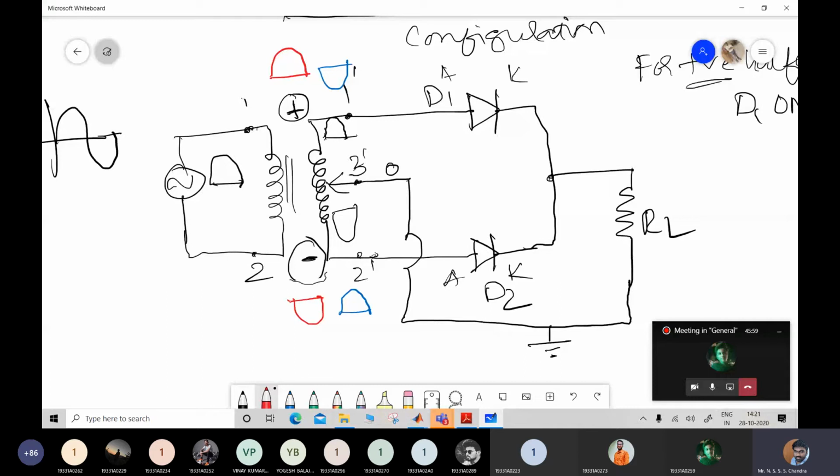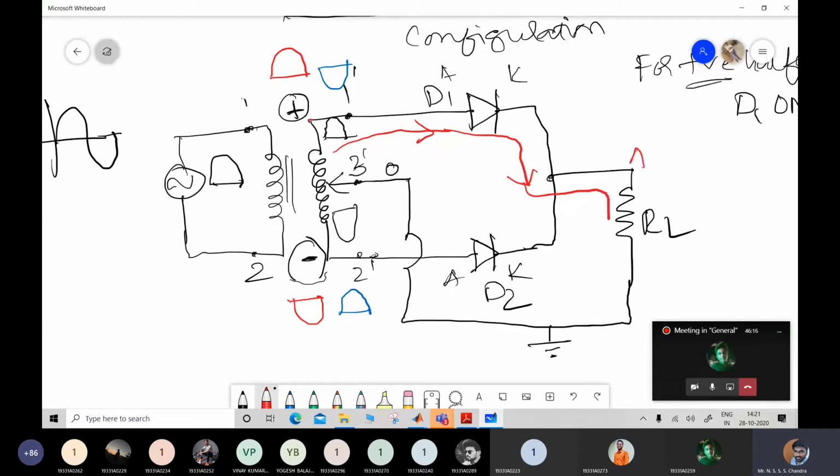So current will flow from the secondary of the transformer, and then to the diode D1, and then from diode D1 it will flow through the load resistor.